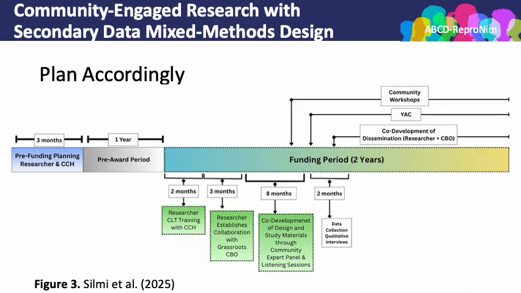And so here, I go into more details about that timeline of when and how we elicited feedback from our community partners. So I encourage you to read the paper here published in Public Health, and get some more details on the protocol and how we chose our design.